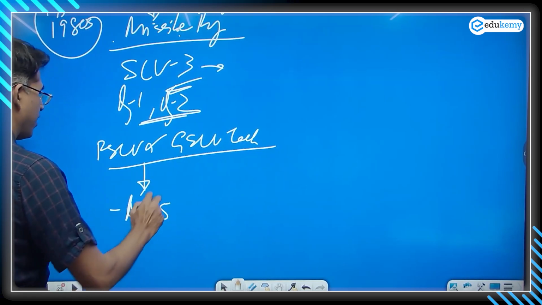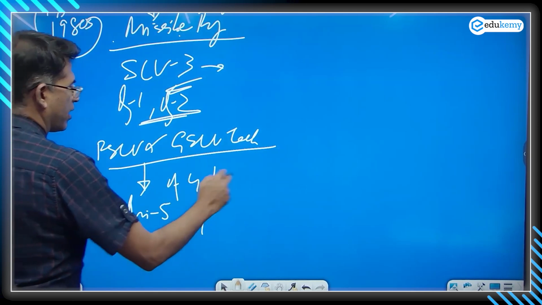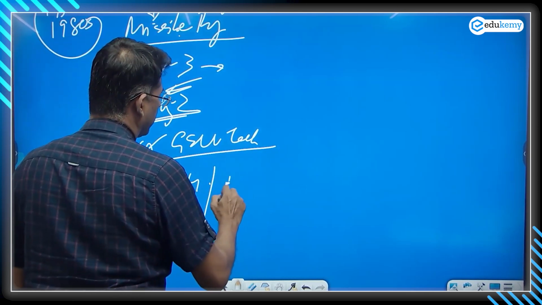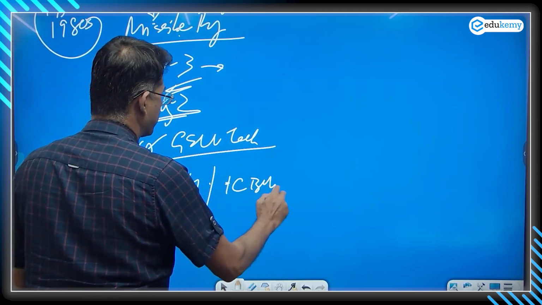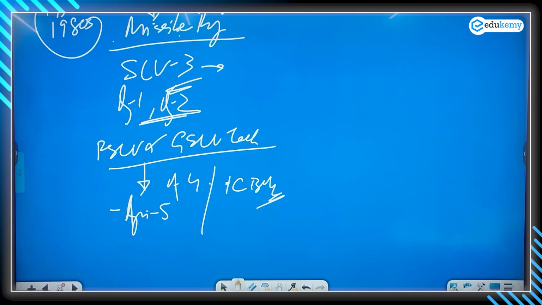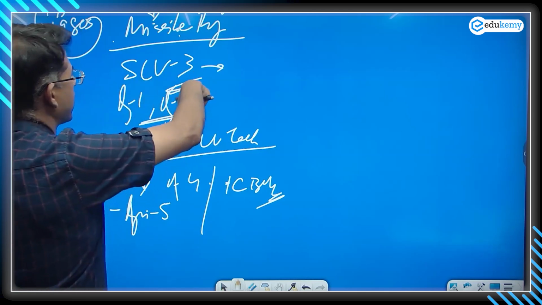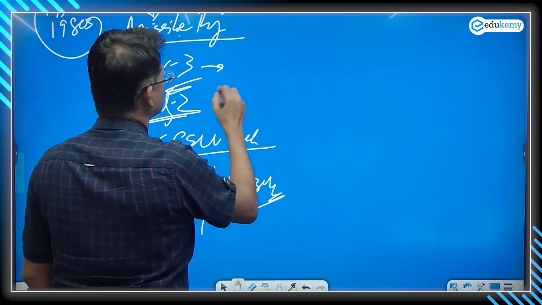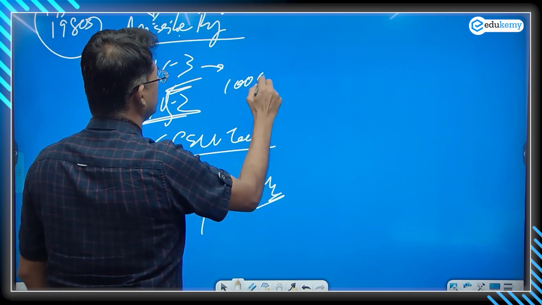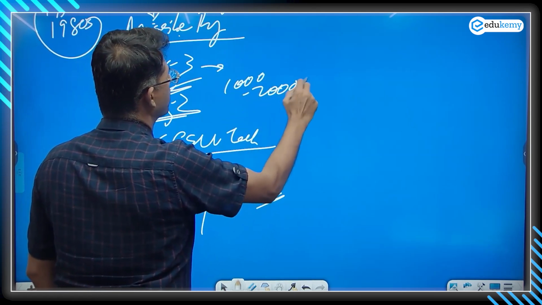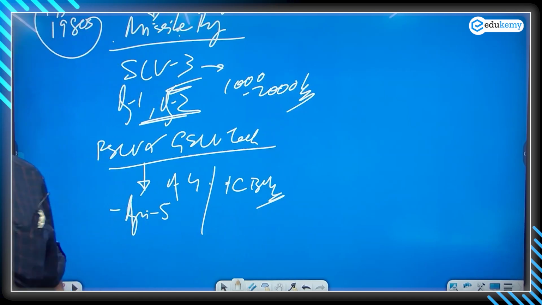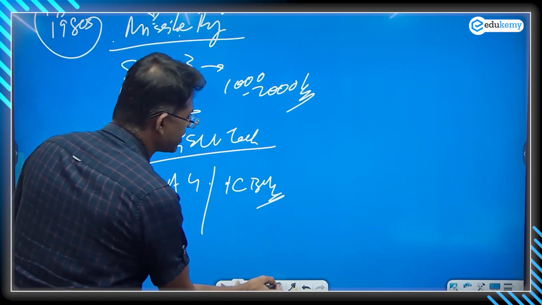Agni-5, Agni-4, and the range of ICBM capabilities, more than 5,000 kilometer capabilities. The initial Agni-1, Agni-2 had a range of about 1,000 to 2,000 kilometers, which was not responsive to the Chinese threat.